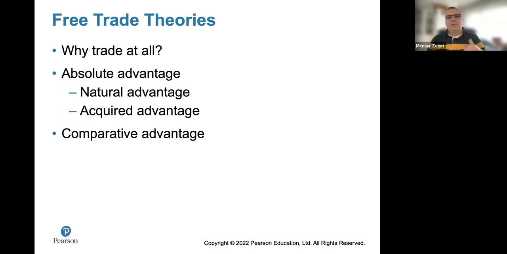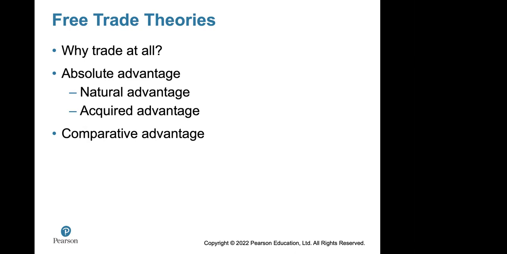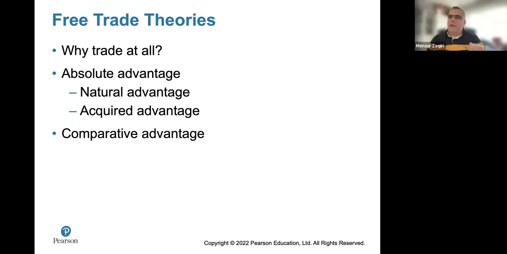However, most of the countries today, and most of the world trade, is done through manufactured goods that compete, and this is through acquired advantage. That's something that countries do acquire. Some are more innovative in terms of technology, so those are more advanced compared to other countries, and this is mainly by using product technology or process technology.